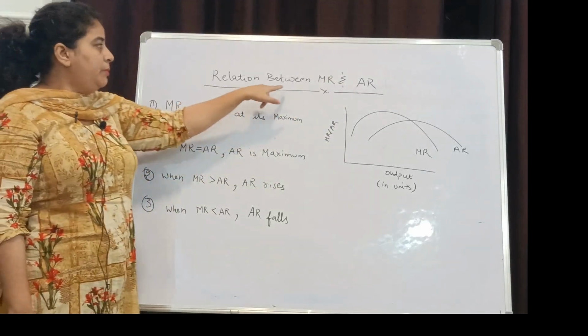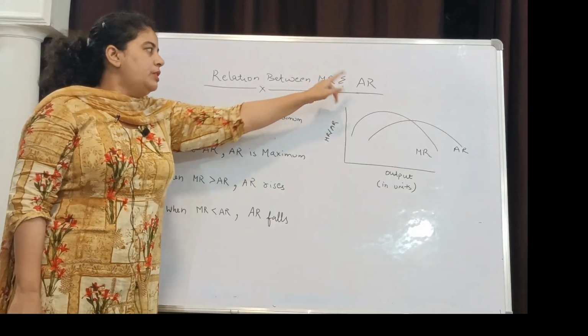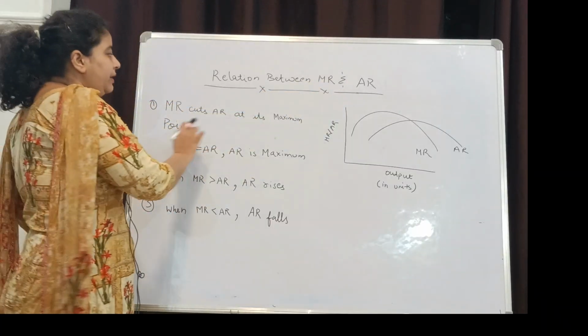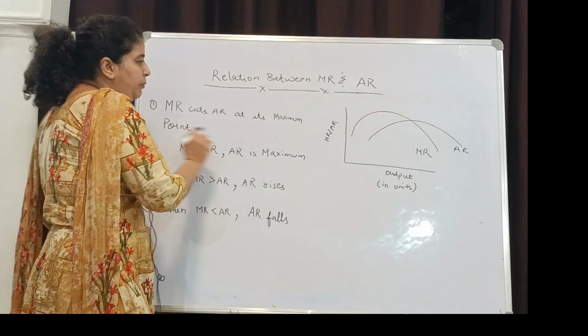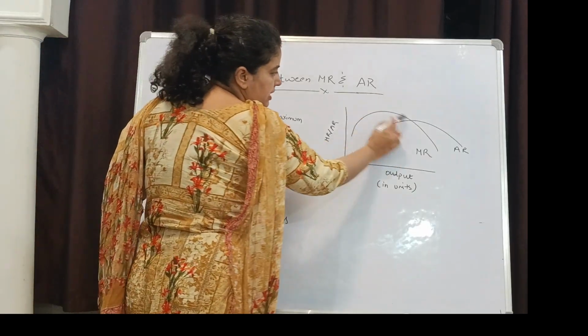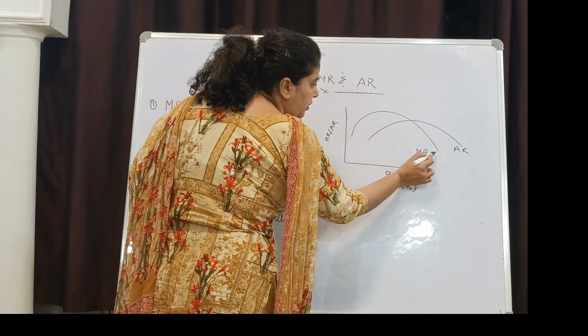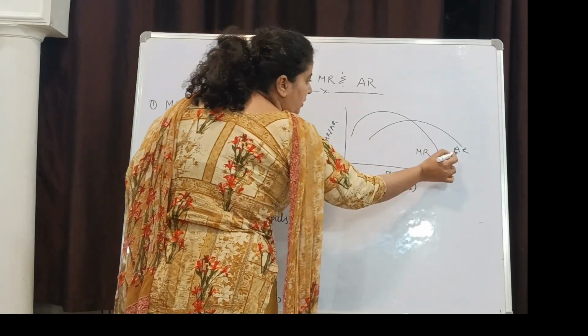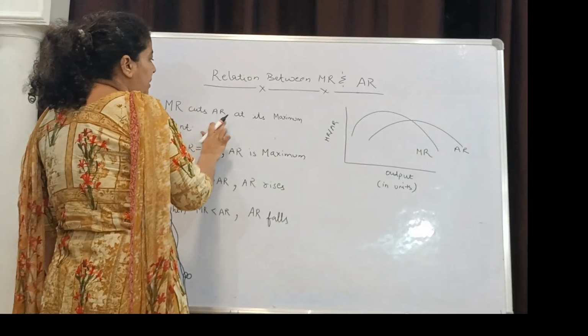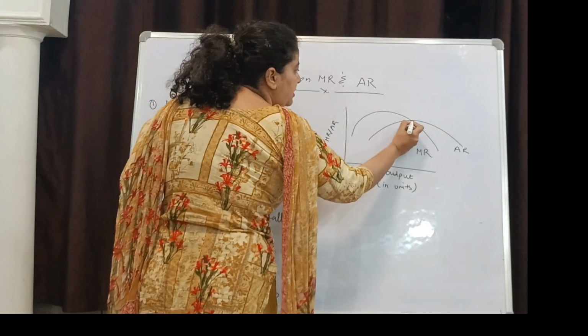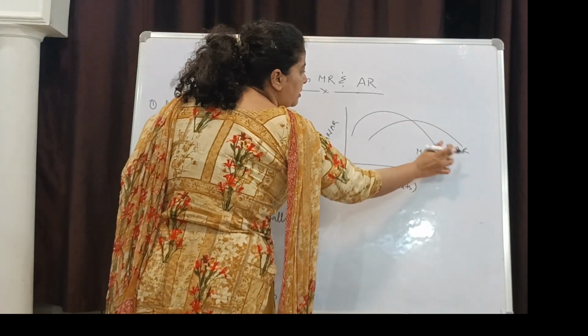Now the relationship between marginal revenue and average revenue is that MR cuts AR at its maximum point. If you have to see graphically, this is marginal revenue and this is average revenue. So what it is saying, MR cuts AR when AR is maximum.